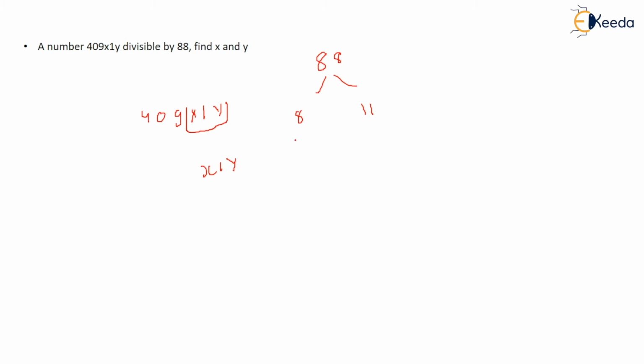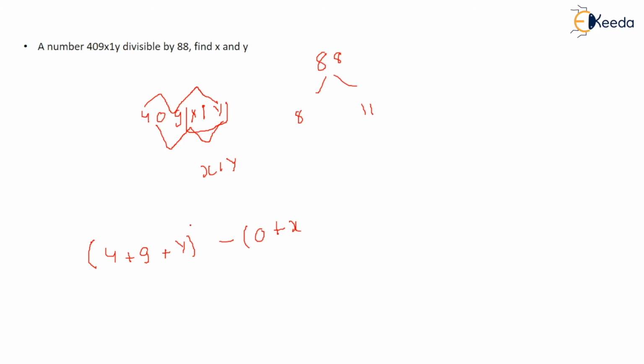So now let's check for 11, that is the addition of these places and the addition of these places. Okay, so 4 plus 9 plus 1, not y, plus y.